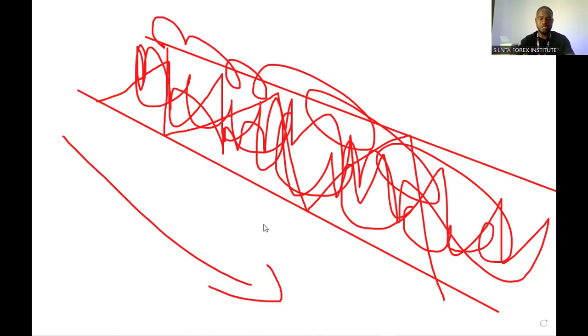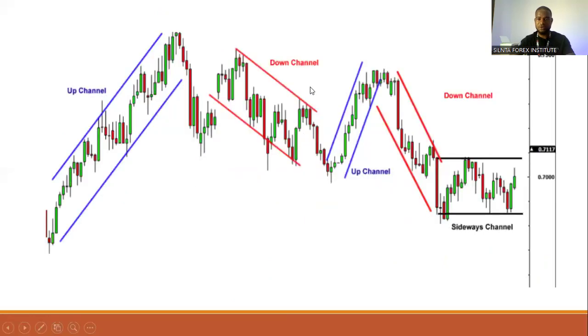We have a nice drawing here. Can you see what we have here? This was an uptrend, right? And then you put a trend line on top and another trend line at the bottom. So this zone is known as a channel.